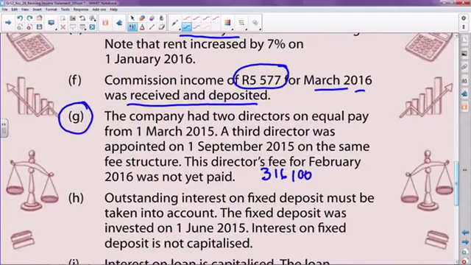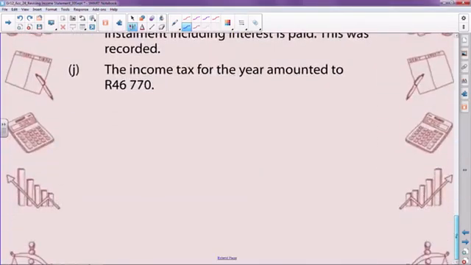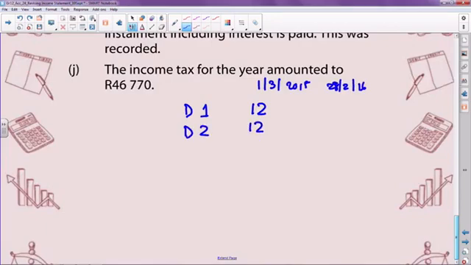So in other words, director number 1 was employed for 12 months, starting from the 1st of March 2015 until the 29th of February 2016, because it was a leap year. There goes, 12 months. Director 2 was also employed for that period, namely another 12 months.